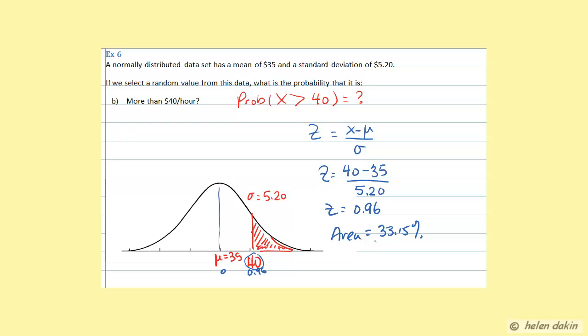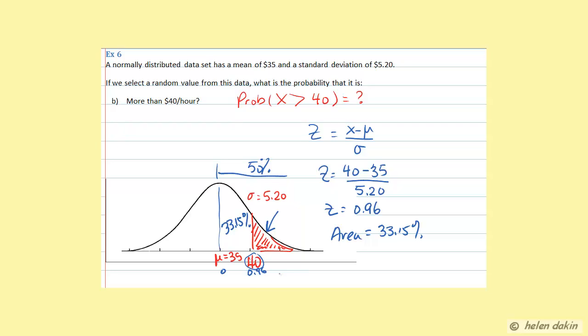Now I'm going to label that area on my curve, 33.15%. In order to answer the question, what is the area to the right of 40, or greater than 40? Well, I'm just going to subtract that from 50%, because exactly half of the area is to the right of the middle, or to the right of the mean.